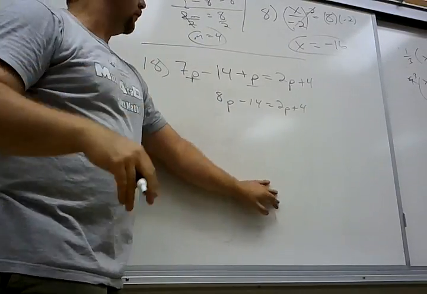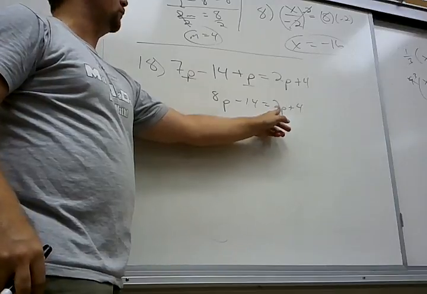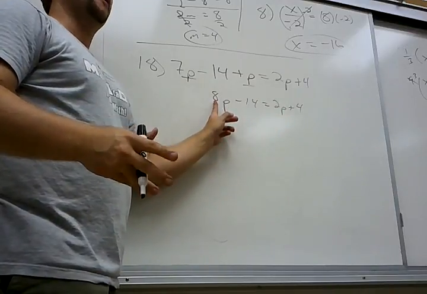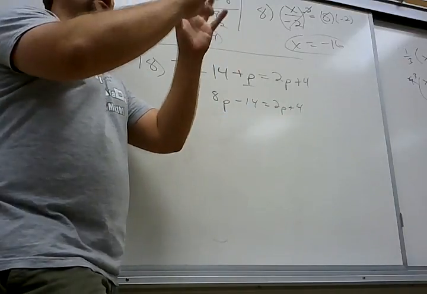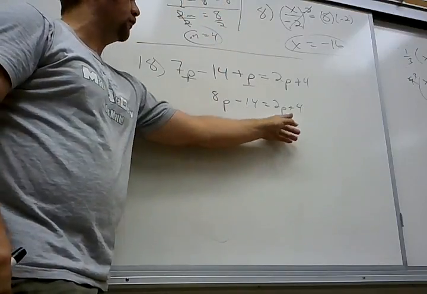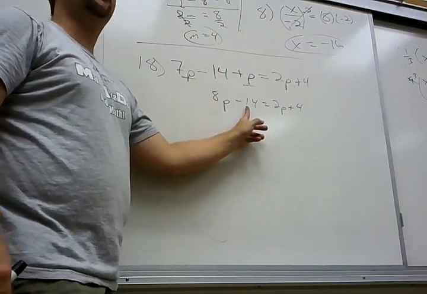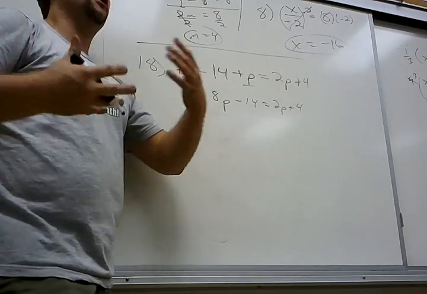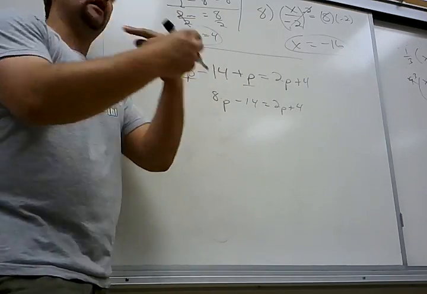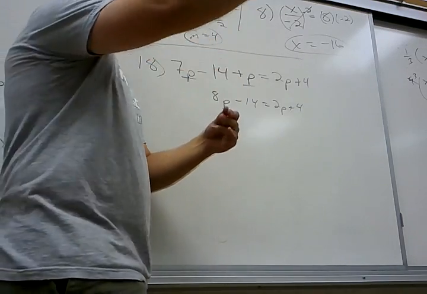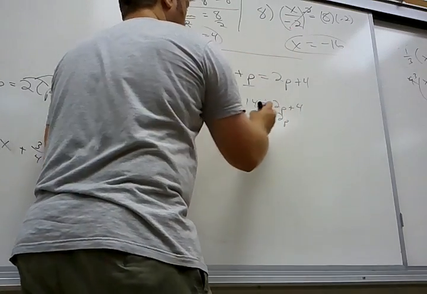Now somebody had a good point. If I subtract 8, I'll get a -6. If I subtract 2, I'll get a 6. It's easier, but does it matter really? No. Because if I add 14, I get a positive 28. If I subtract 4, I get a -28. The signs will cancel themselves out. It'll be the same no matter which way you do it. But you got a good point. Don't bring negatives in if you don't have to.